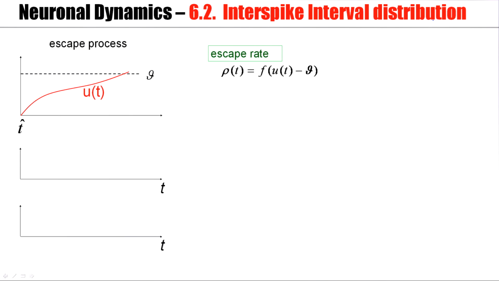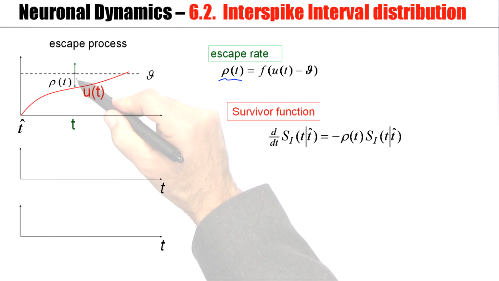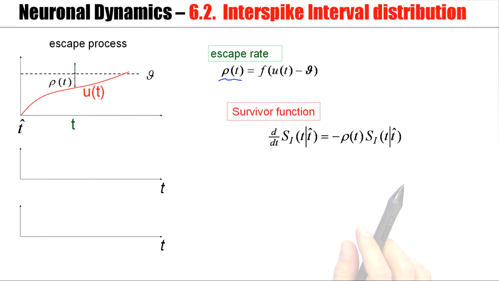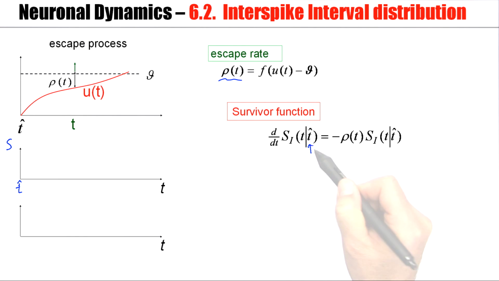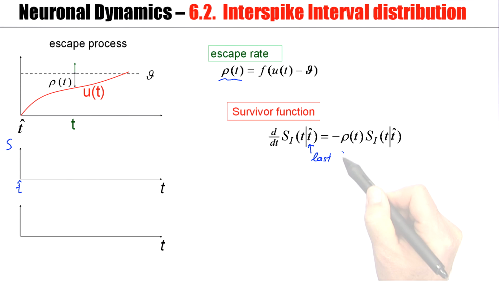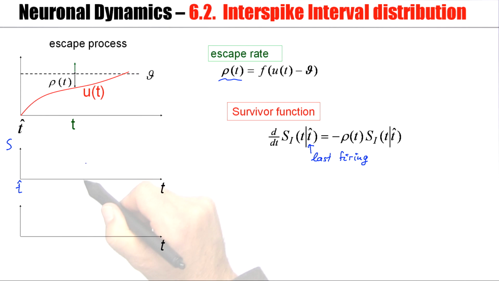Let's construct this together. At any moment in time, there's a certain momentary escape rate. I'm at time t, there's this momentary escape rate rho of t. Now I ask, this was my last firing time, t hat. What's the probability that the neuron survives, starting at t hat, the last firing time, up to this moment t, without firing?